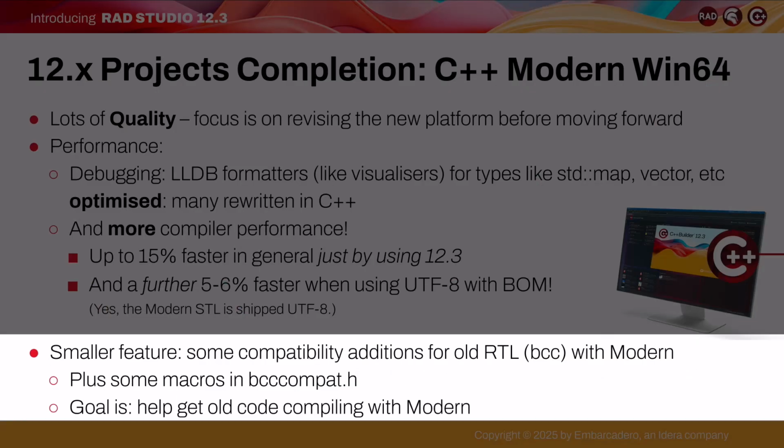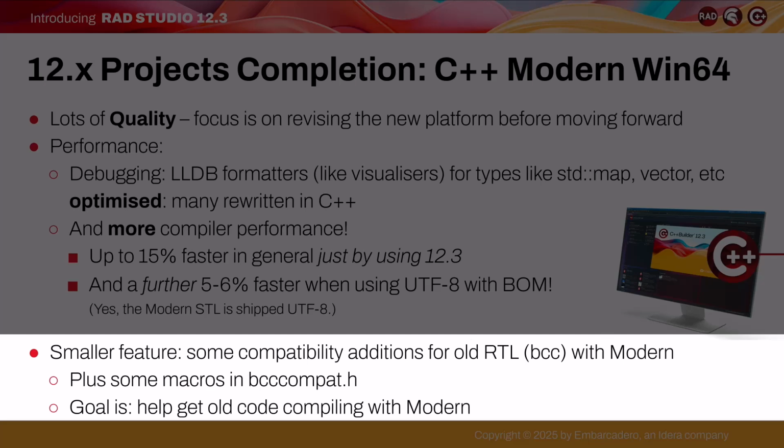And in 12.3, we have some additions to our RTL, our runtime library, that add compatibility with some things the old classic compiler had, and even a small header called bccompat.h that defines a few symbols and macros that your old code may need. Now, this is definitely not everything classic had, it's just the most common, and this isn't a major feature, it's just a few key things that's small.